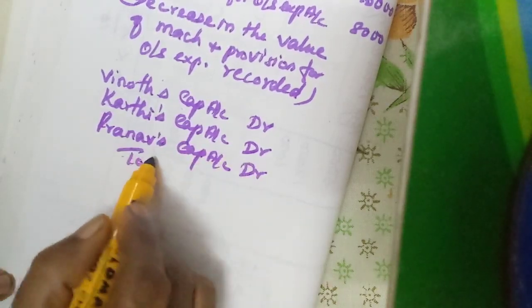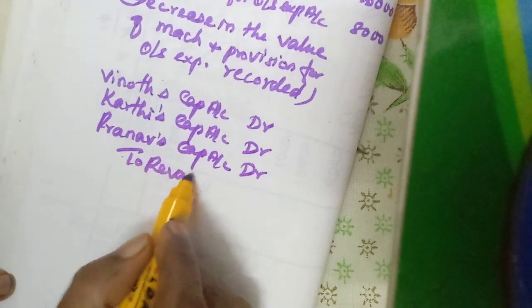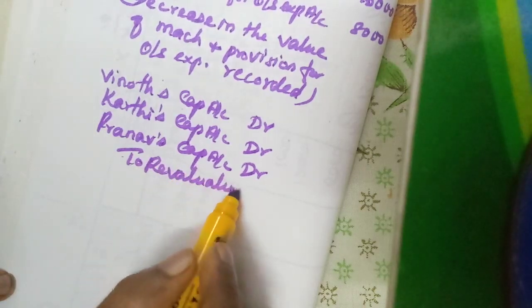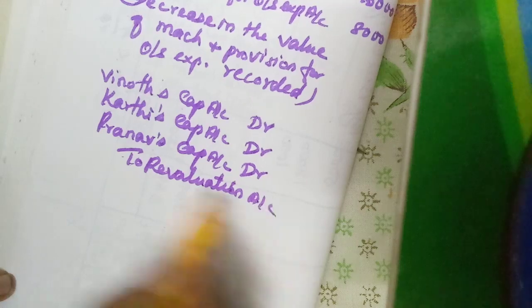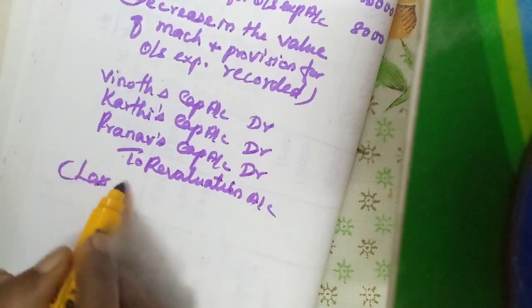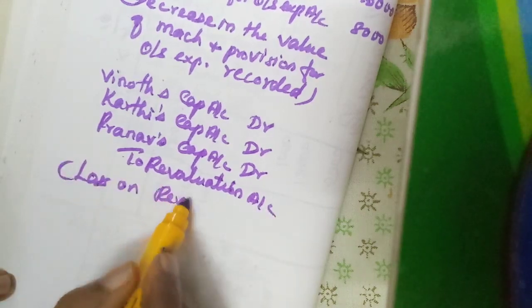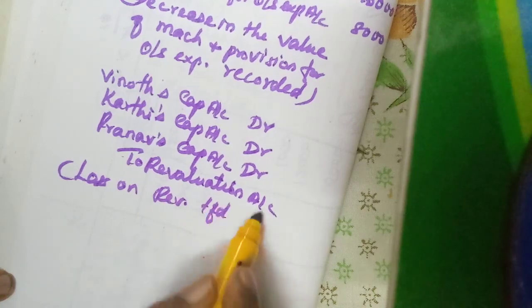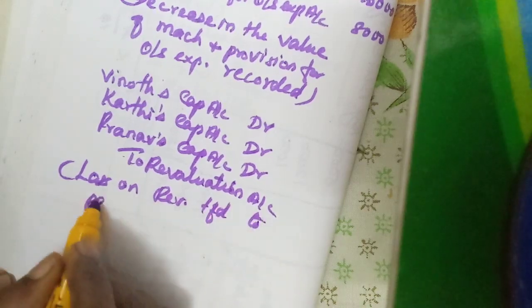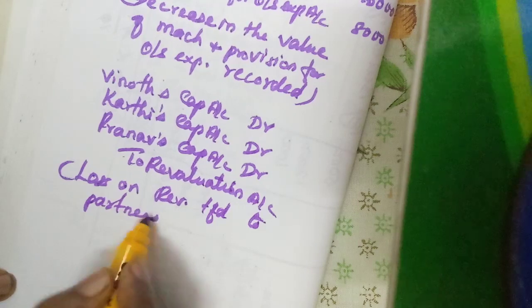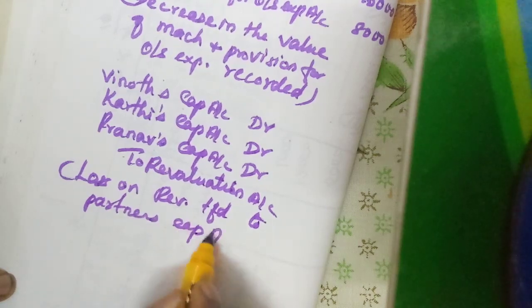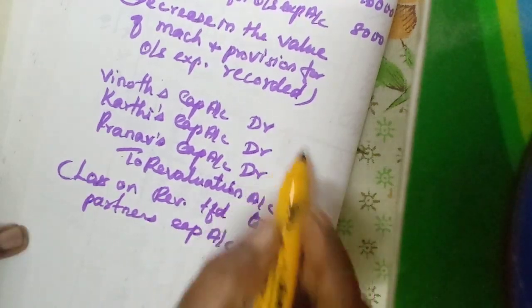To revaluation account. Then loss on revaluation transferred to partner's capital account. 5,000, isn't it?